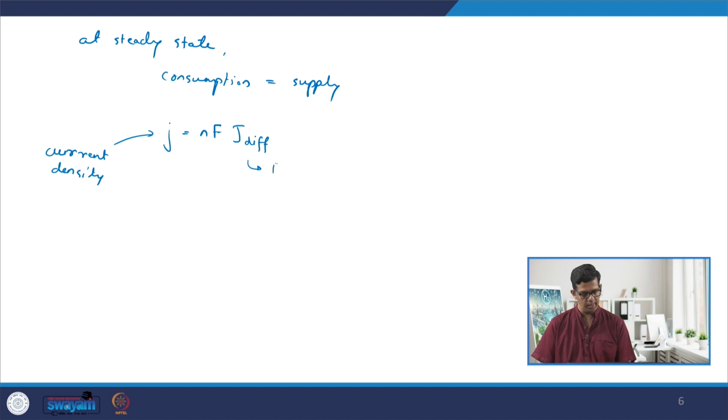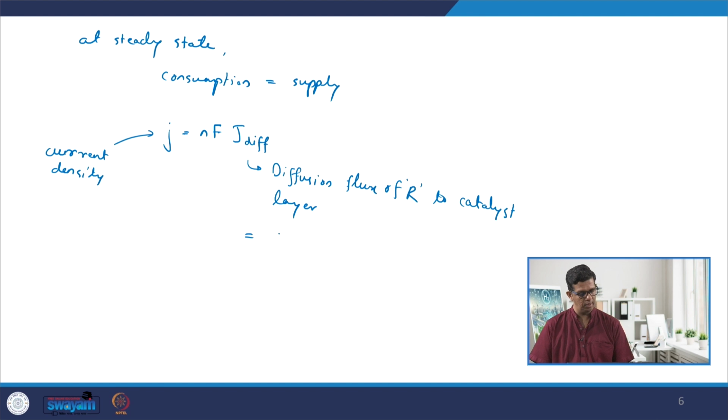J diff is basically diffusion flux of species to catalyst layer, and this is same as that of, or I can say, diffusion flux of product P from catalyst layer.